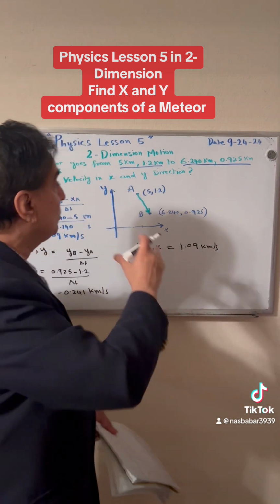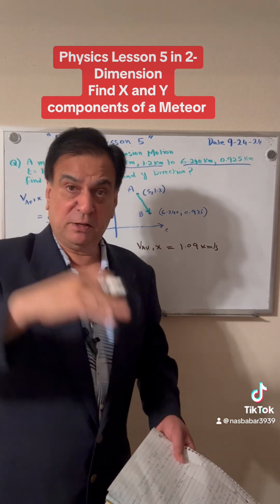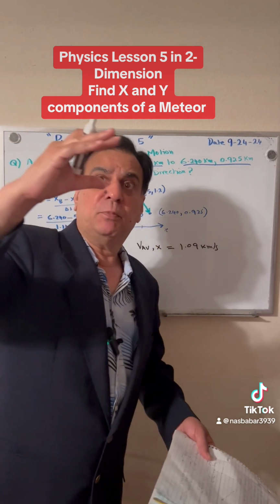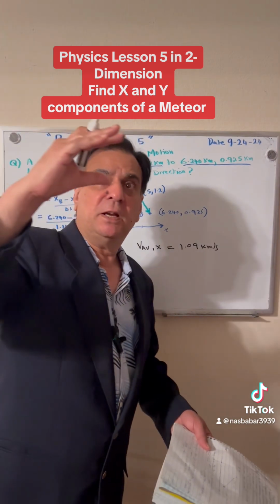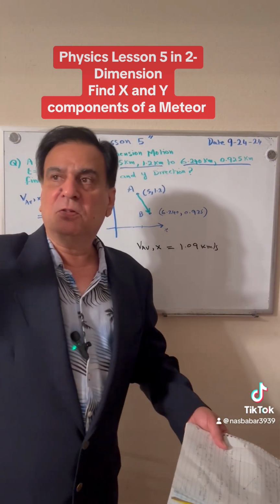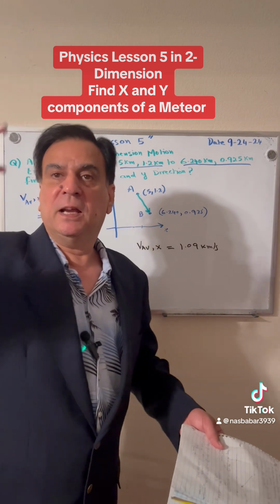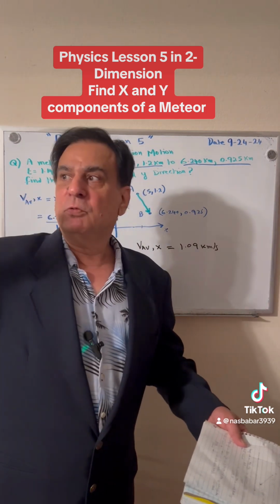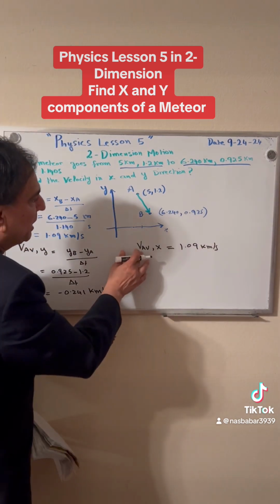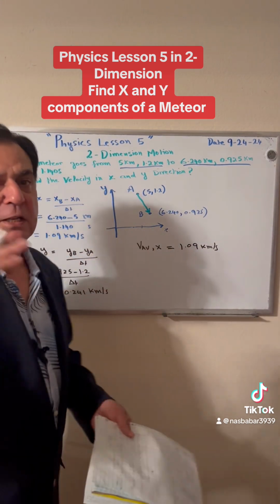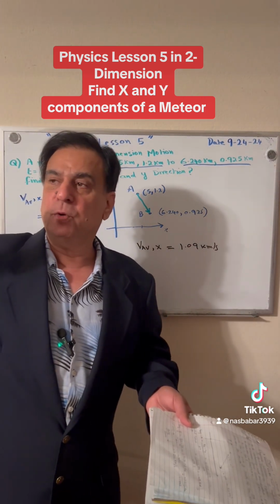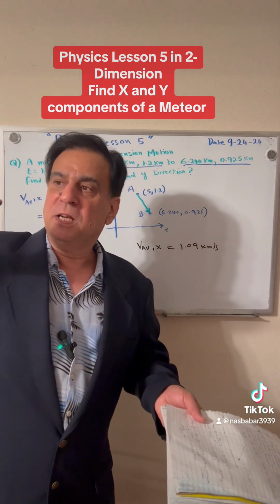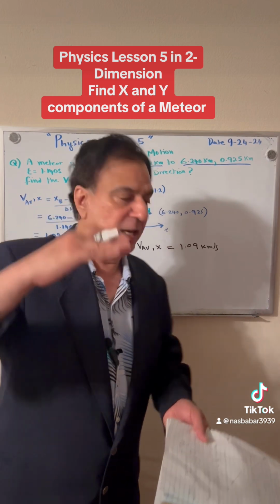We don't know, but for simplicity, we are just drawing a straight line for this vector. When the meteor is going up in the air and coming down, there is a vertical push and then there is a horizontal push. Even though your meteor is going like this, the velocity in x direction is 1.09.